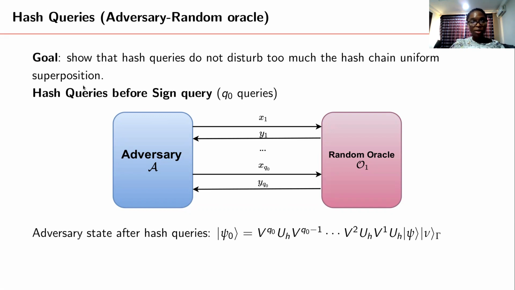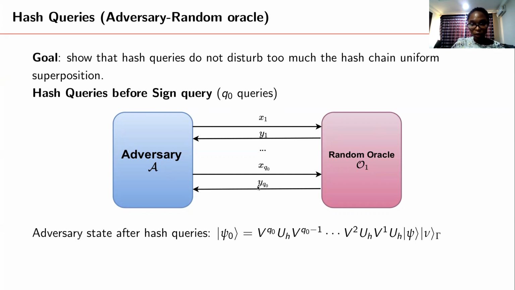So we first consider the case where the adversary can query the random oracle before querying the blinding signing oracle. The adversary can prepare some state in uniform superposition, supply it to the random oracle, and the random oracle answers the query.